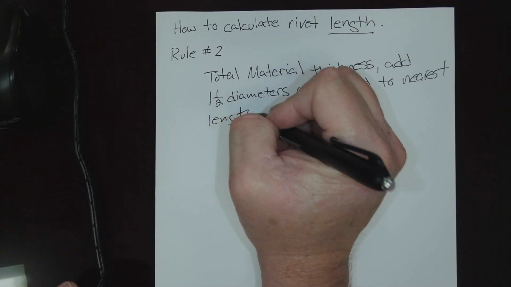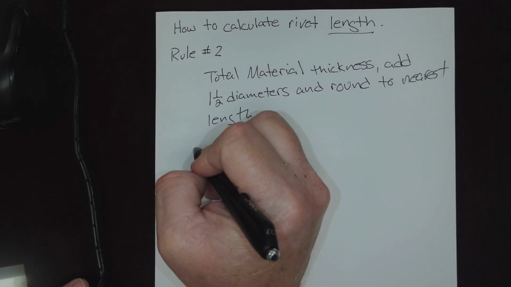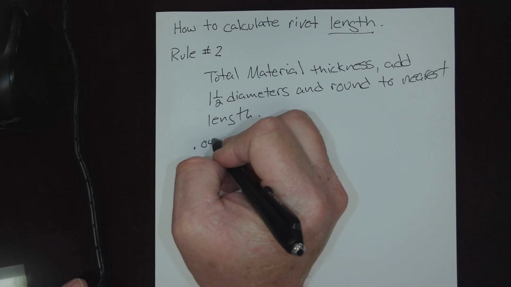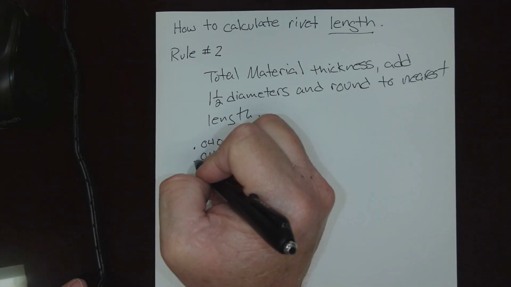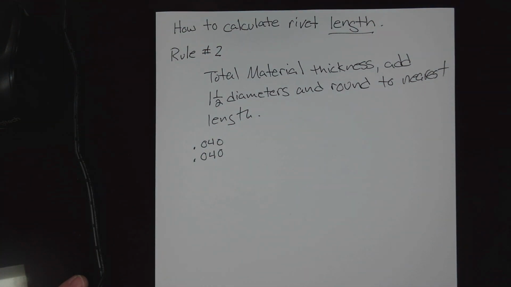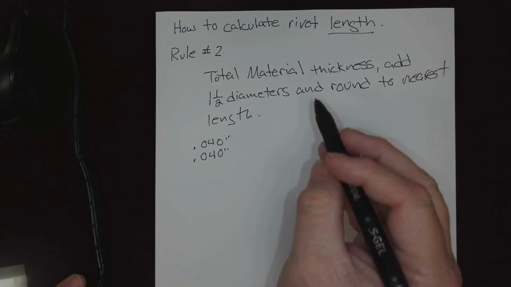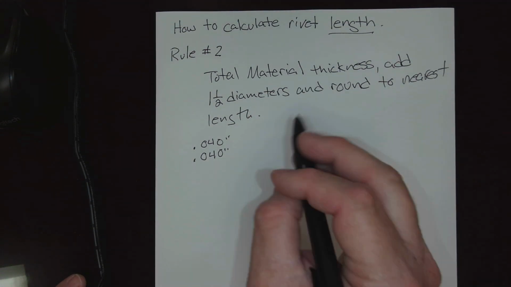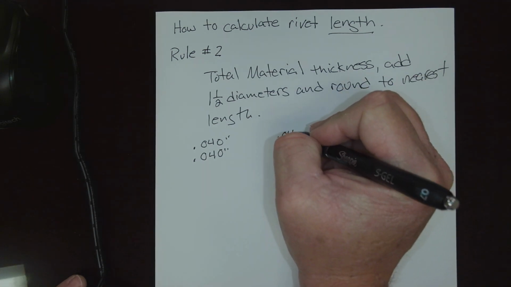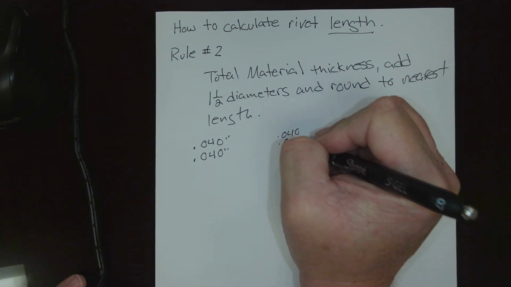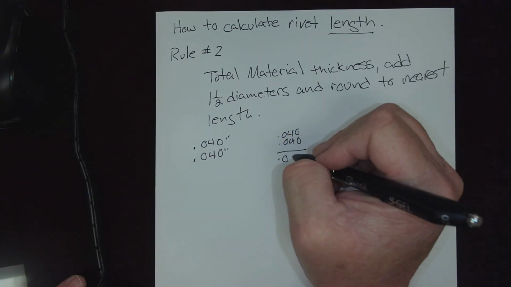We're going to practice one together. Let's say our total stack up. Once again, we'll start with our practice that we did on the first rule. We're going to take 2 sheets of 40 thousandths of an inch material. So the first part of the rule says we're going to take total stack up. 40 thousandths plus 40 thousandths, well, that's 80 thousandths.